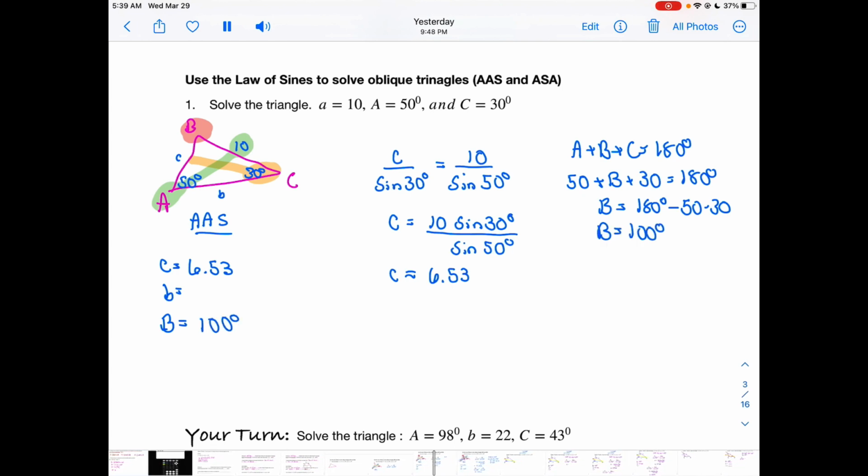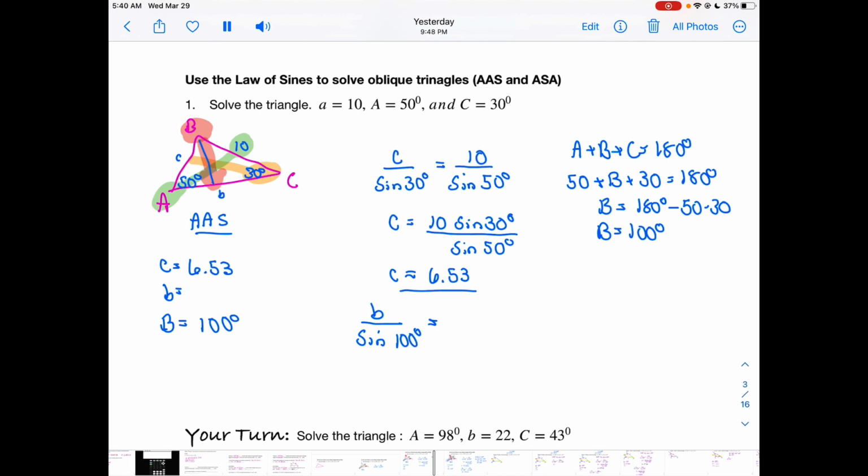Then to solve for side B, now that I have half of a ratio, I can do law of sines again. I want to solve for little b, so I'm going to put b on top, over sine of B, which is 100 degrees, is equal to... Now, I could use the ratio of the c's, but I rounded it here, so I don't want to use that because I'll have a compounding rounding error.